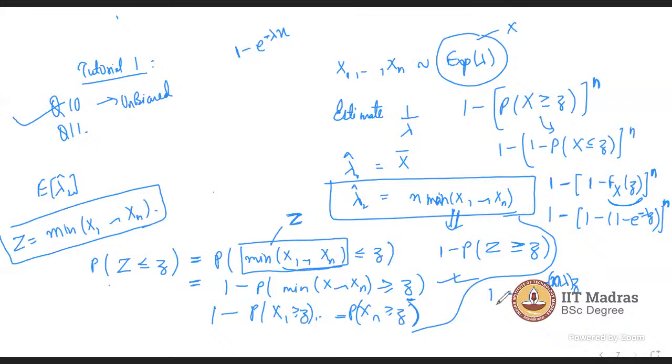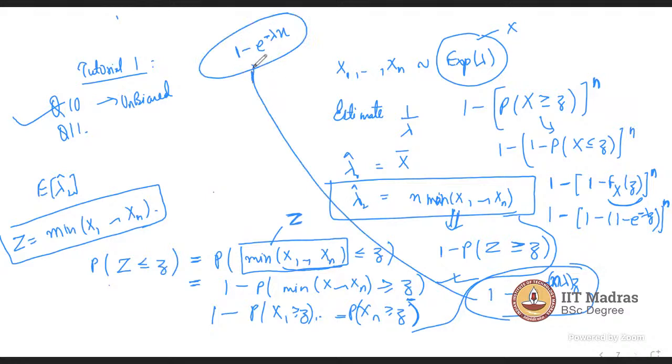Correct? So can you see that these two are of the same form? Even this follows an exponential distribution, with the parameter n lambda.